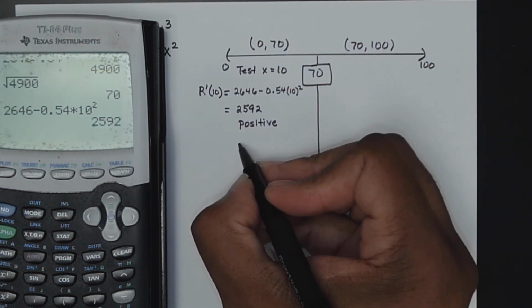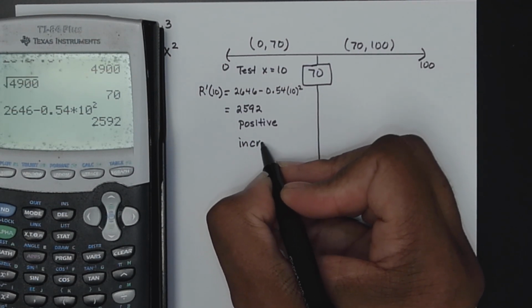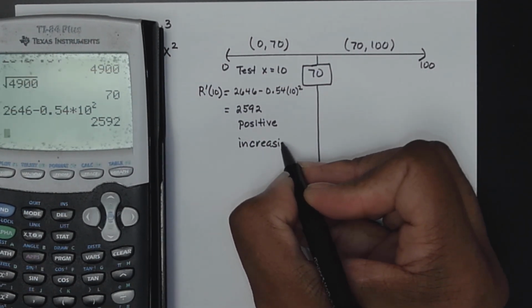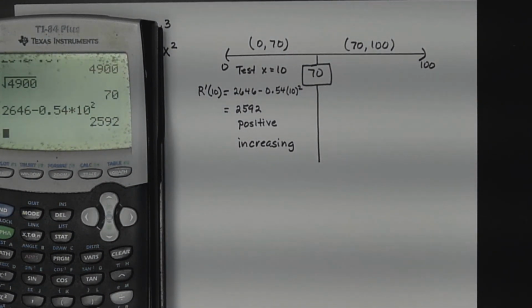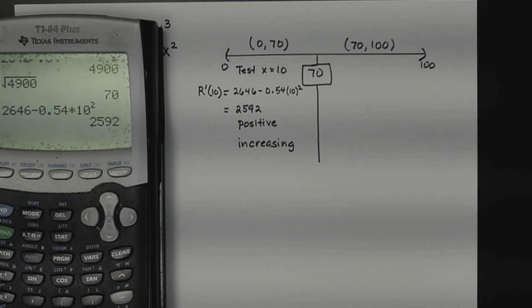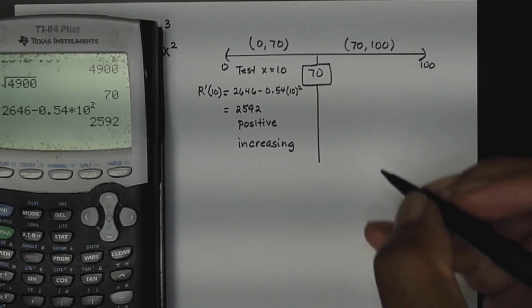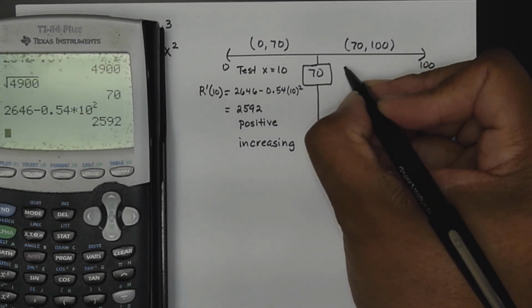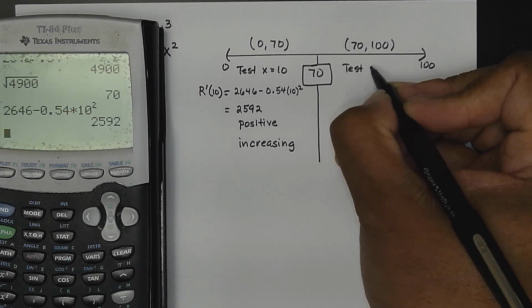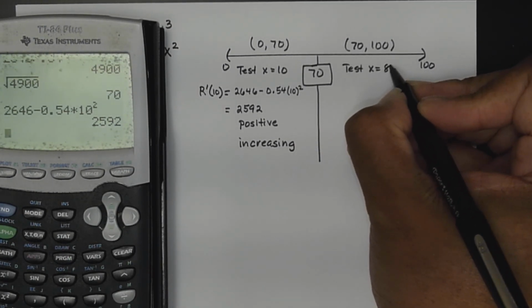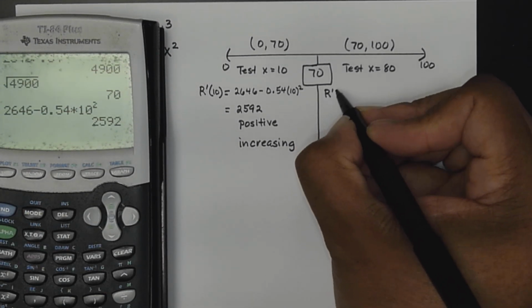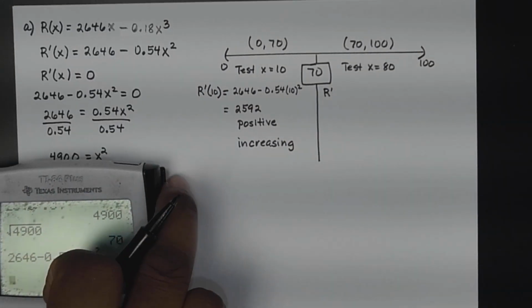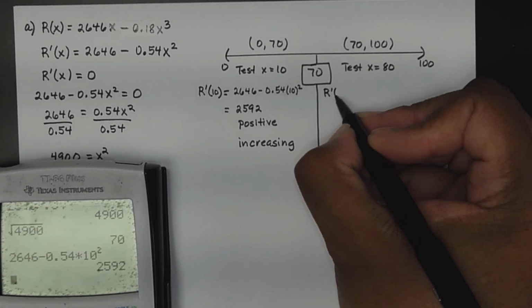So that means if it's positive, from 0 to 70, the graph of that revenue function will be increasing. And for 70 to 100, let's pick 80 as a test value. Replace the x in that first derivative function with 80.